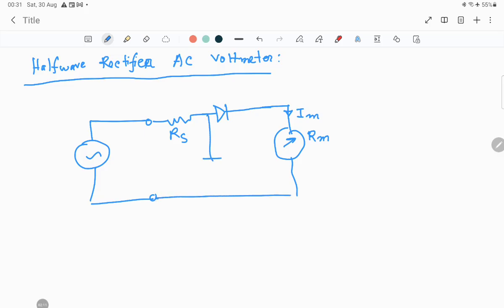Then we have another diode, that is D1, and this one is D2.